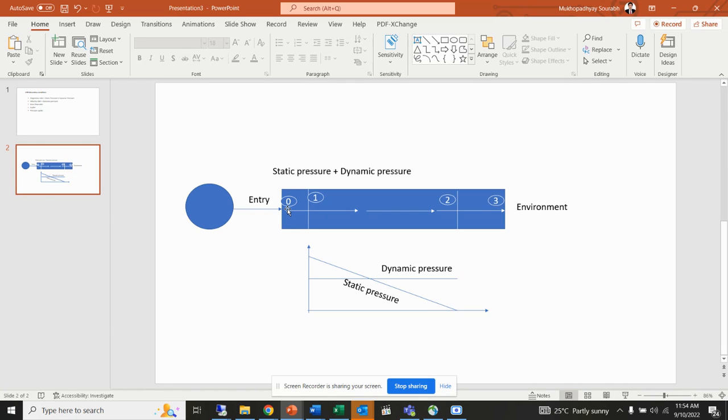The code understands from 0 to 3 what is the pressure reduction, due to overcoming the frictional losses, sudden expansion, sudden contraction, and all those losses. The code understands that.